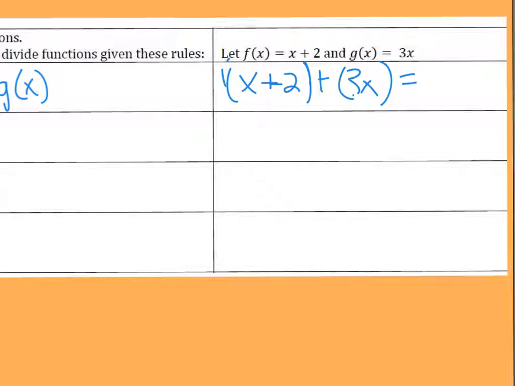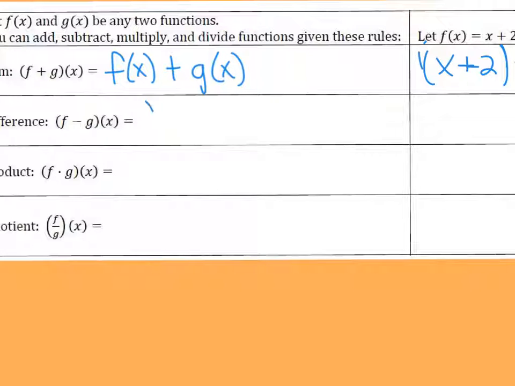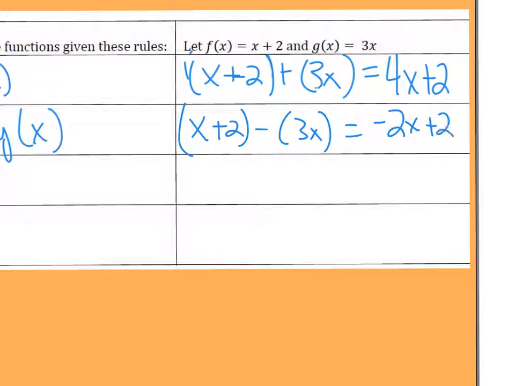So my sum would just be 4x plus 2. Likewise for subtraction, it would be f of x minus g of x. Now here's where I do have to be careful, because that's going to be x plus 2 minus 3x. So that's going to be negative 2x plus 2.